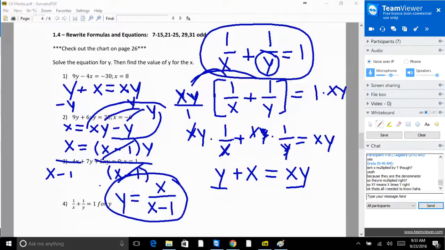Those are obviously odd. So 29 and 31 might be a little challenge. Try them. Bring your questions to class and we'll go over them. So this is the teaching part of 1-4. And then, like I said, now 1-4 is assigned, but please feel free to come back with questions about it.